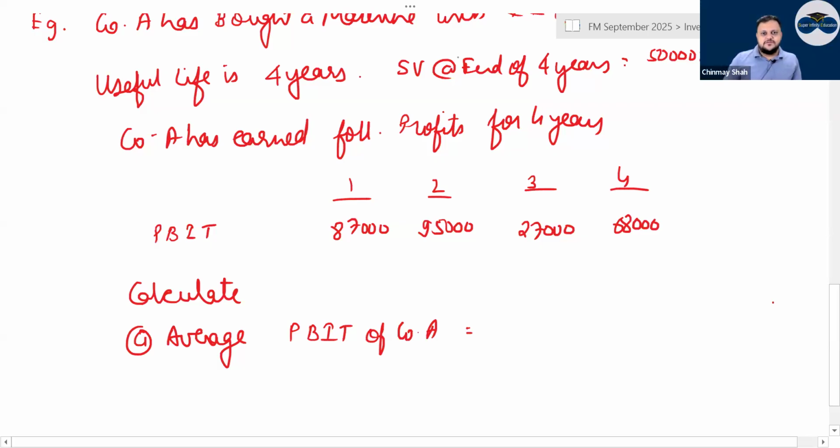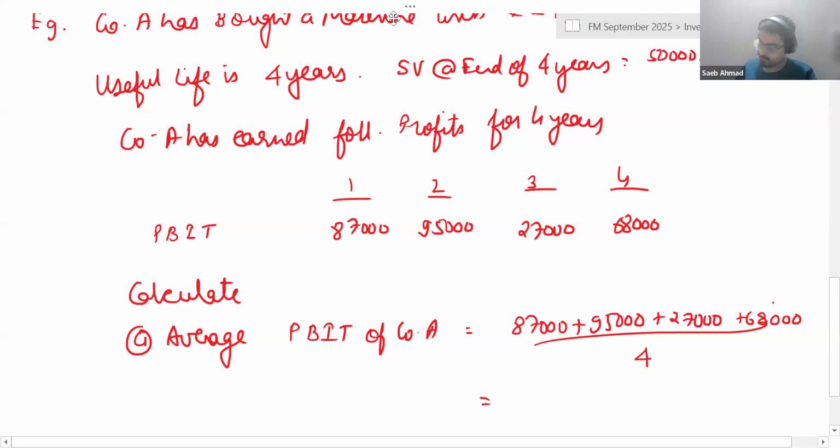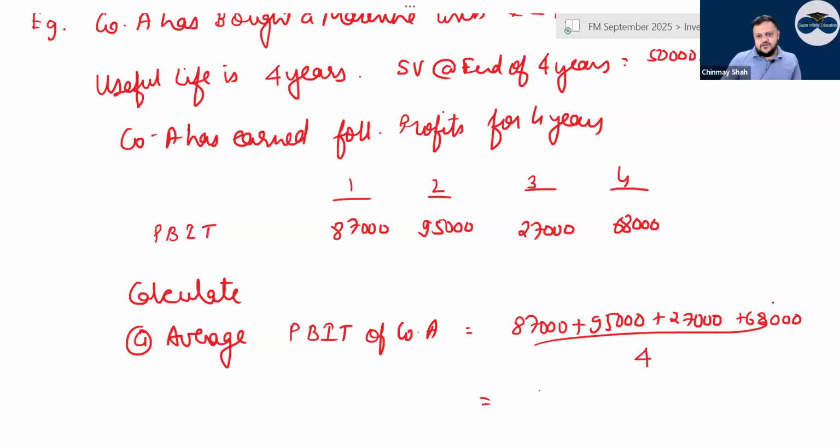Tell me how much is it? 87,000 plus 95,000 plus 27,000 plus 68,000, the whole divided by 4. कितना है बाबा? 69,250. Yes. Everybody getting $69,250.